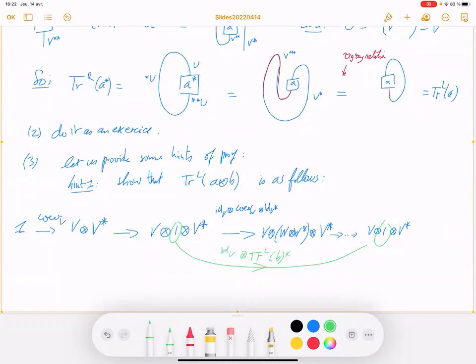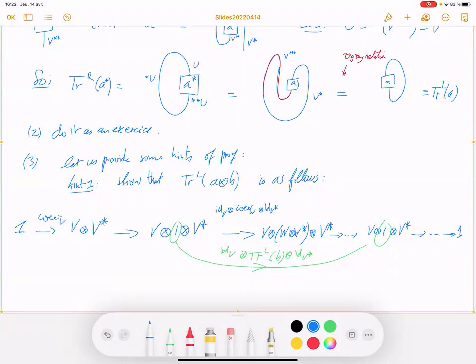ID V tensor ID V star. So that's why I put the dots, because I don't want to write everything. And then you continue from here to go up to 1, as for the left trace of A.